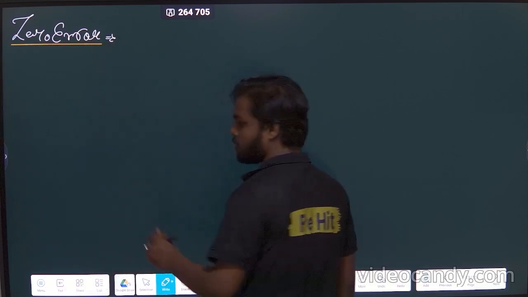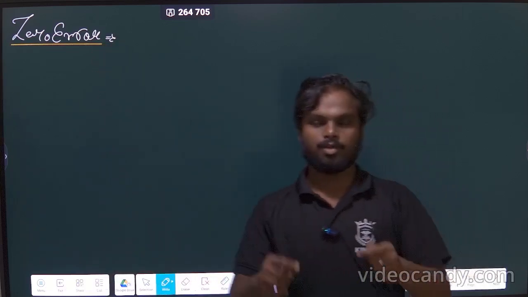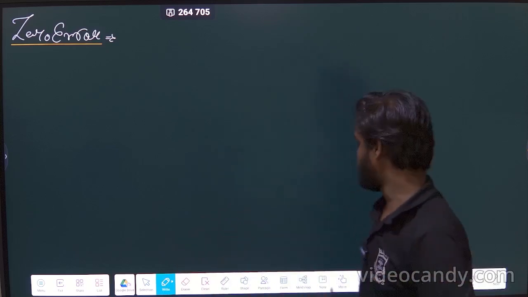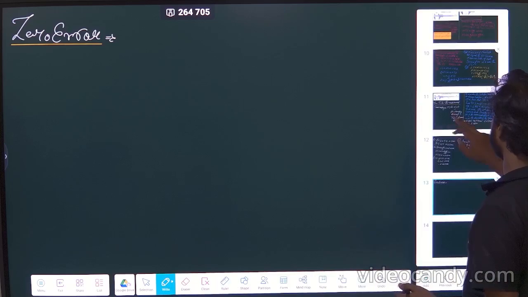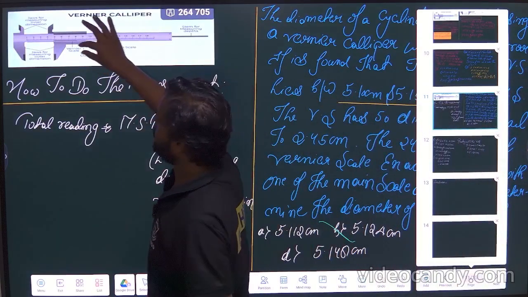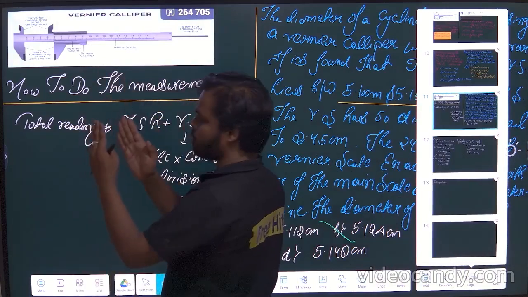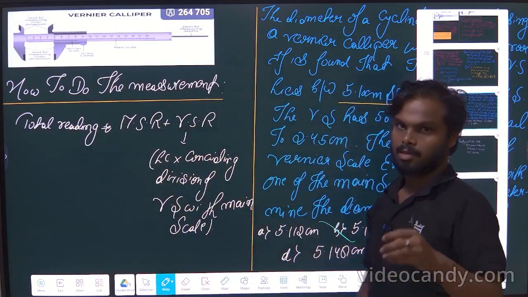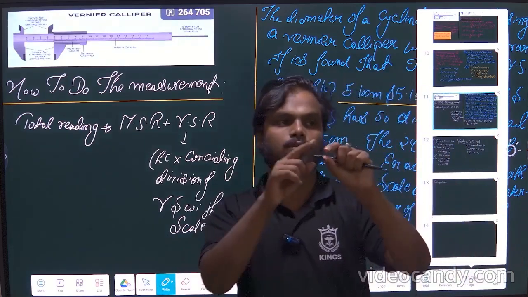see, as we are using vernier caliper, we have two scales, if you remember. What are those scales? One is the main scale, another one is the vernier scale. Sometimes the vernier scale and the main scale do not coincide with each other.